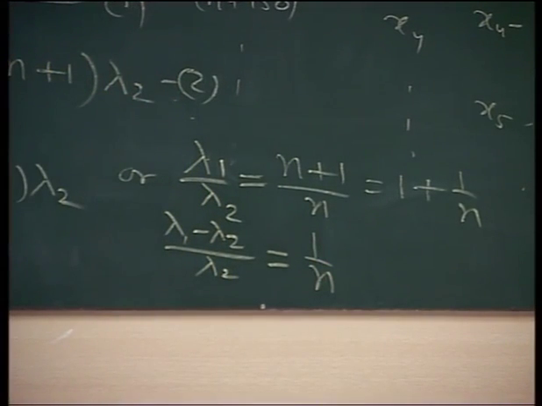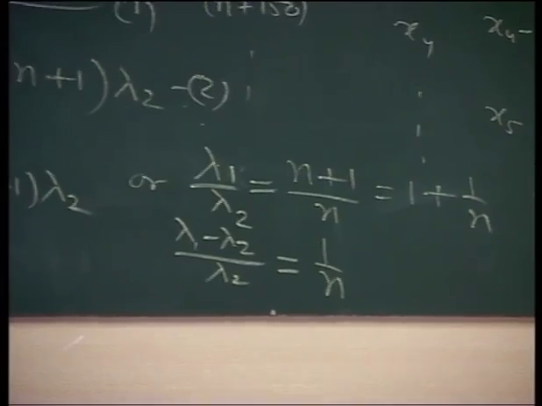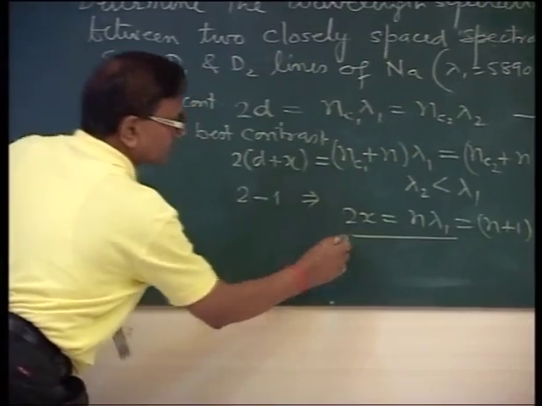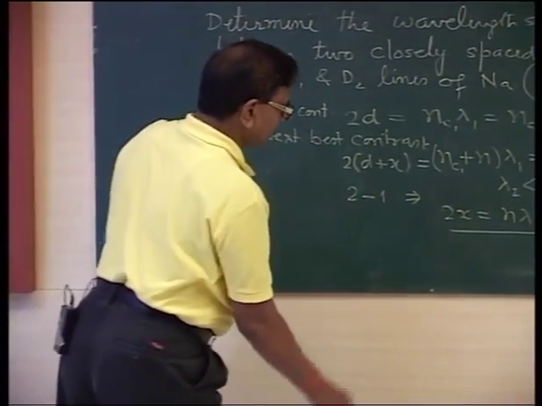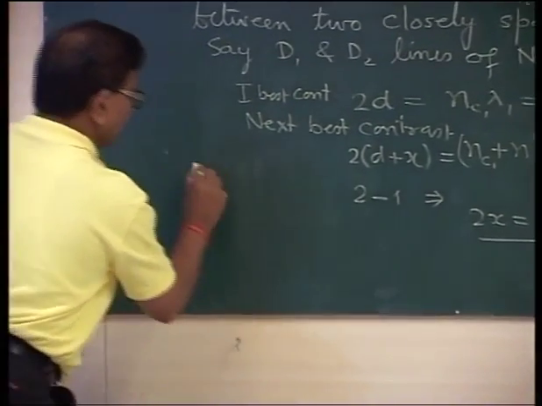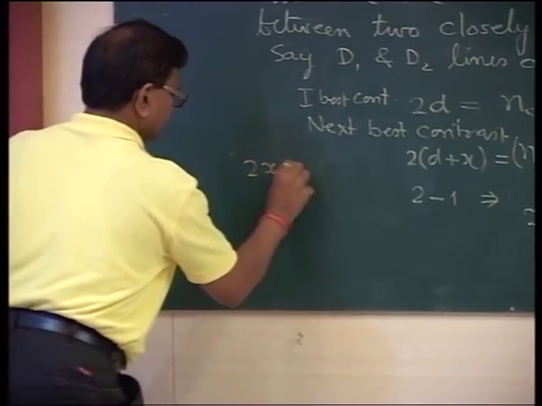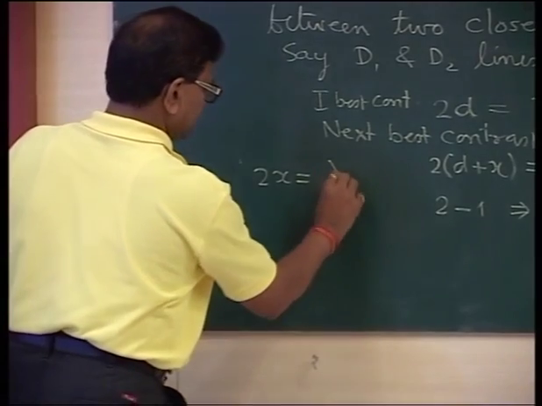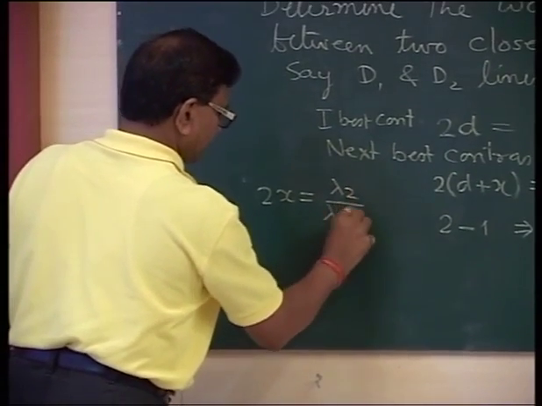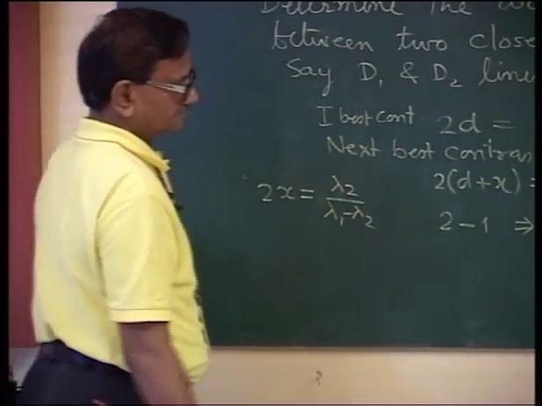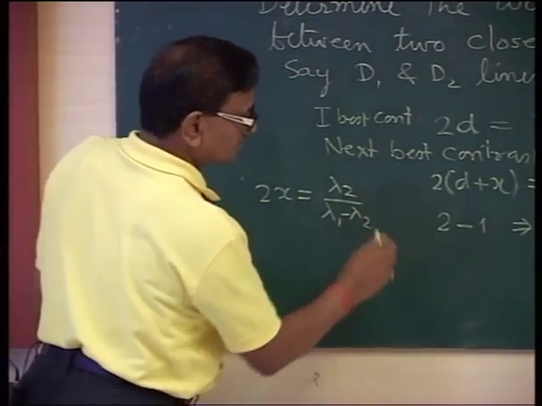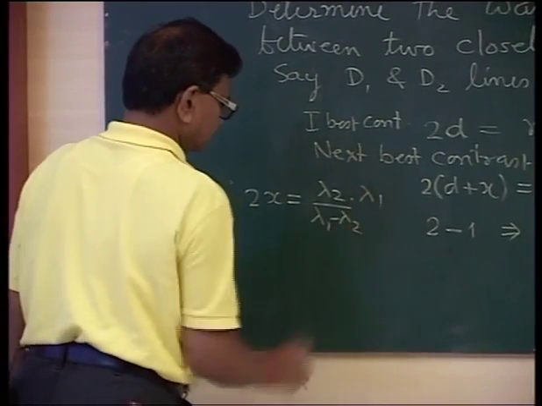Therefore, we use this value of n in this equation. So 2x will come out to be n, meaning lambda 2 upon lambda 1 minus lambda 2, into lambda 1.